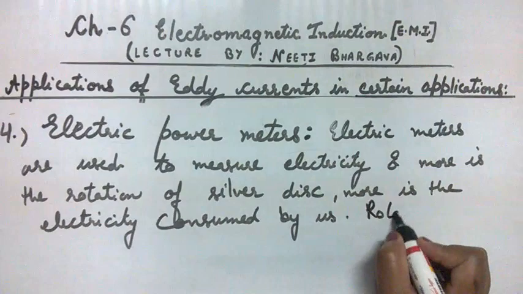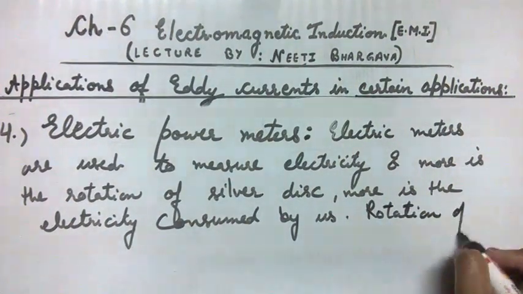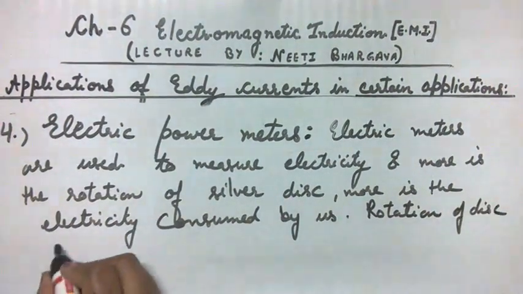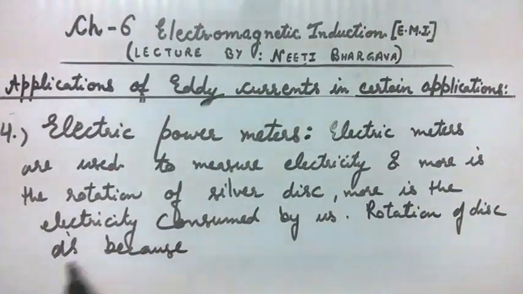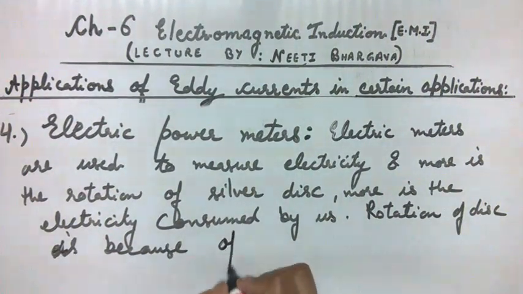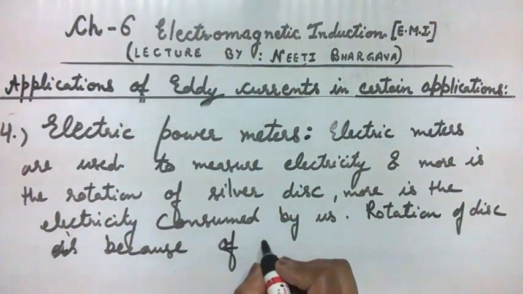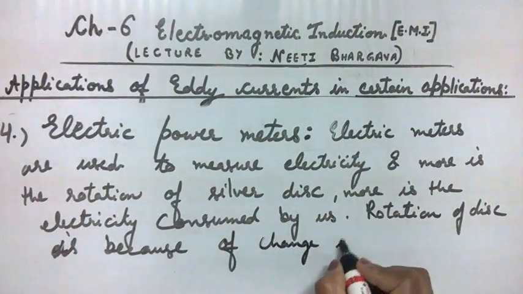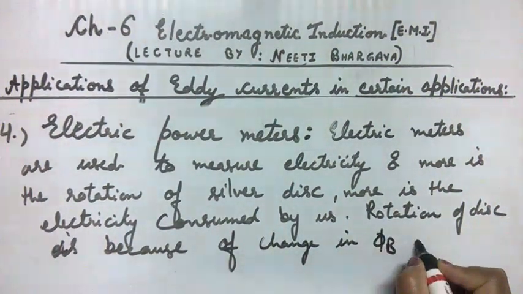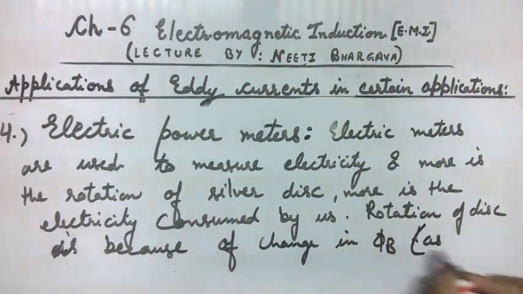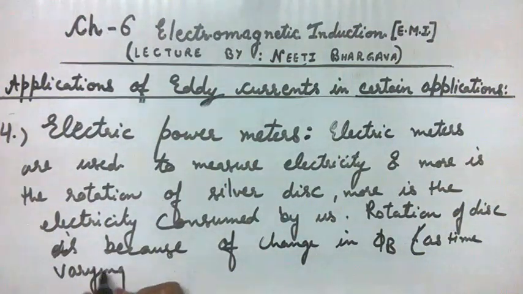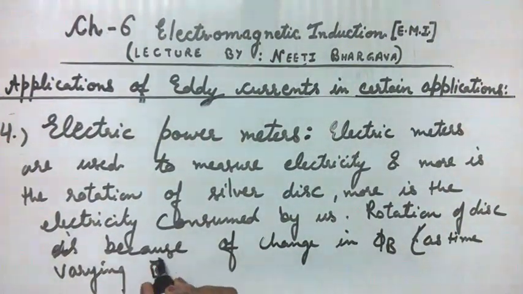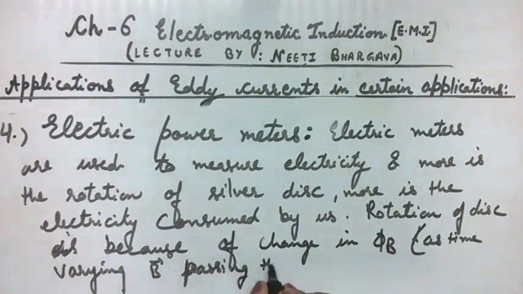Rotation of the disc is because of the change in magnetic flux as the time varying magnetic field passes through the coil.